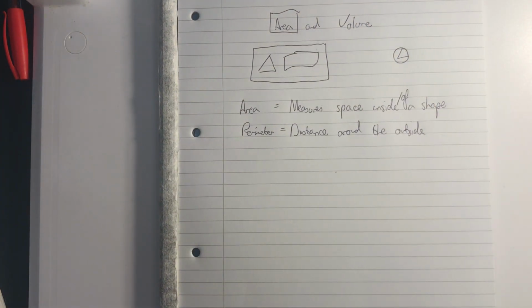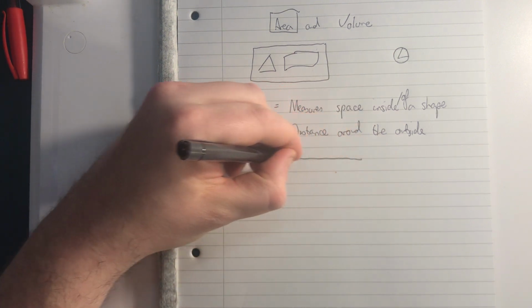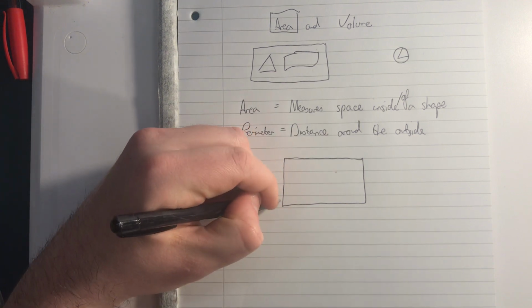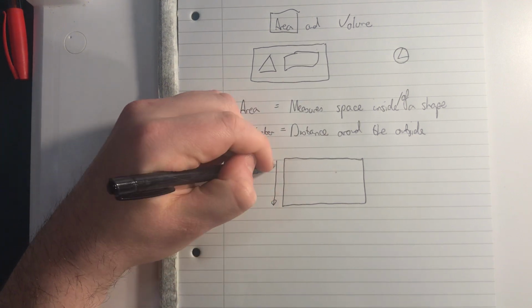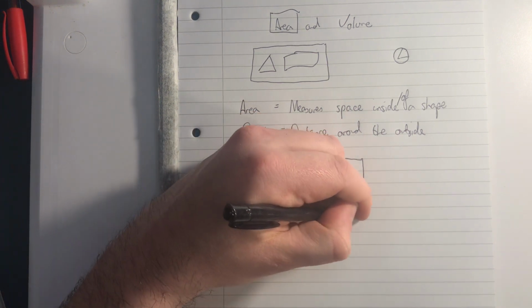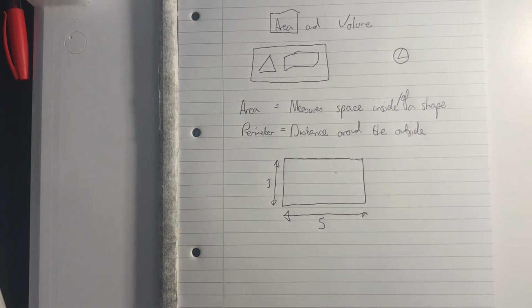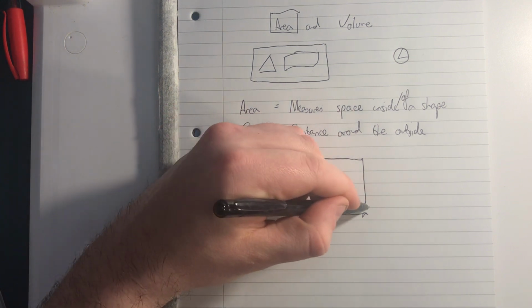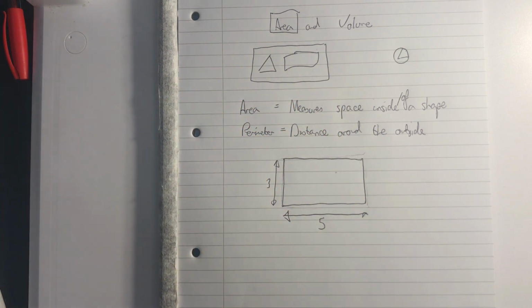So if we were to find the perimeter of this rectangle here, and let's say that side there is 3 and that side there is 5. Can you see that? Well, the perimeter would be the distance that an ant would have to walk if the ant was to walk all around the outside of the shape.